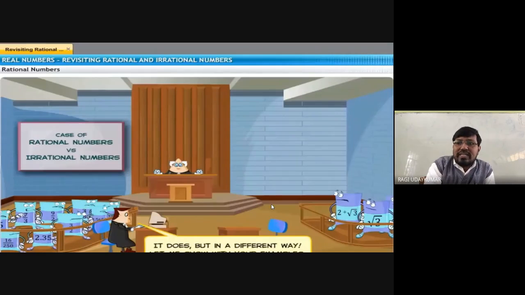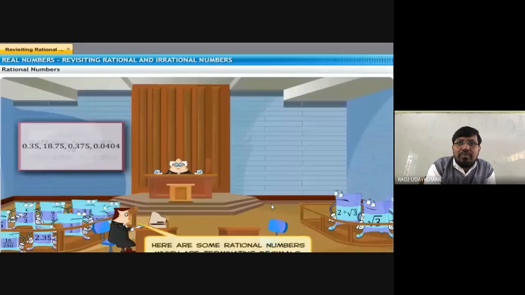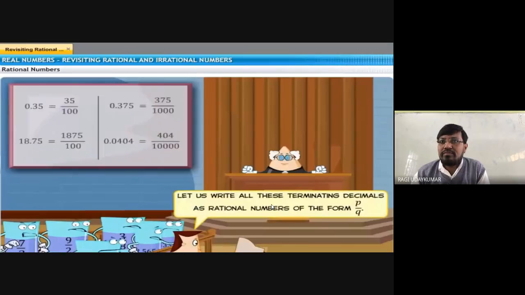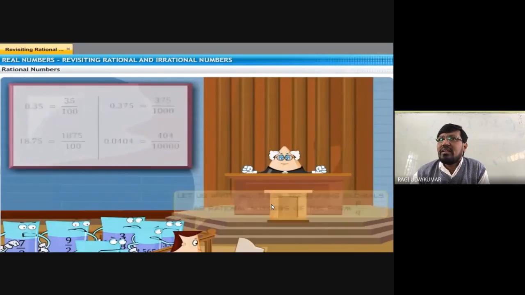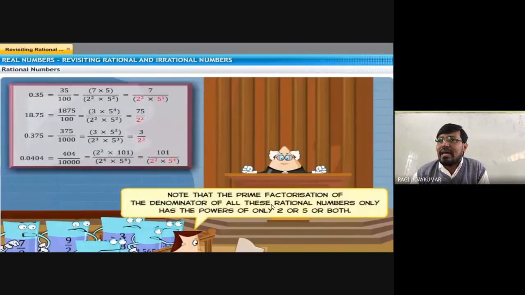That means you should not get confused: if the denominator has 3 and the numerator also has 3, both will be cancelled, so express them in simplest form first. See here, 0.35 is a terminating decimal; it is written as 35 by 100, and finally you get 2 power 2, 5 power 1.